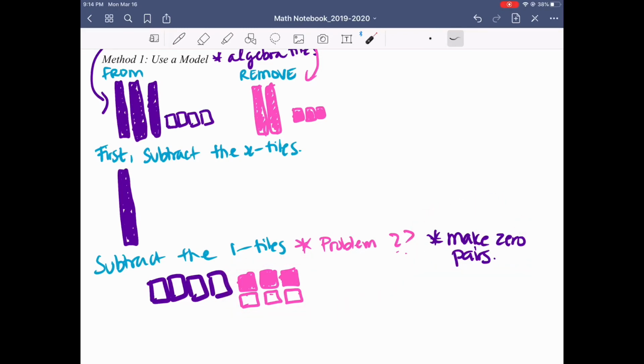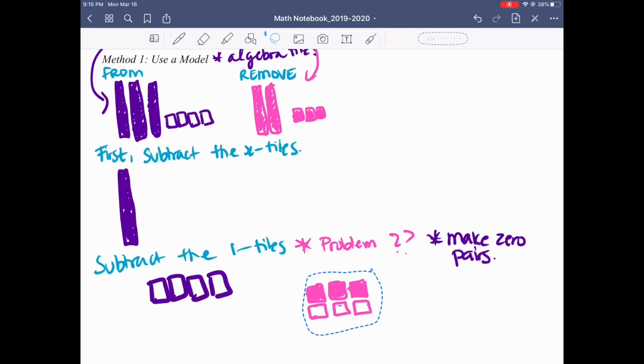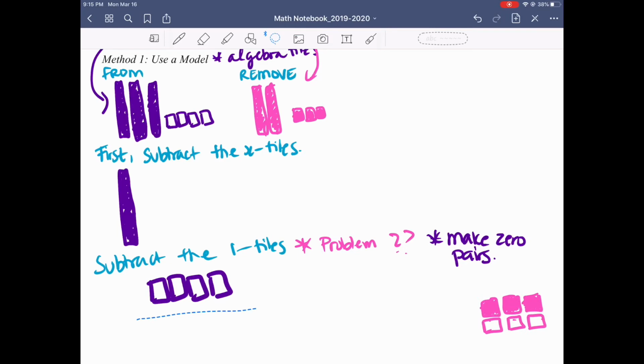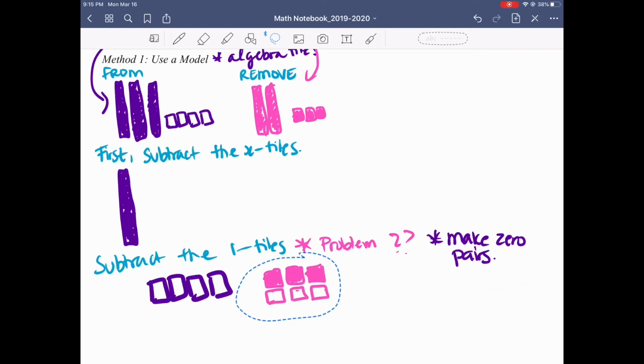Why does this work? Well, because the 3 positives and the 3 negatives cancel each other out. They're 0 pairs. So really, if you add them or you don't add them, your answer is still -4. Without them, this is -4. And if you add them in, your answer is still -4 because they make 0.